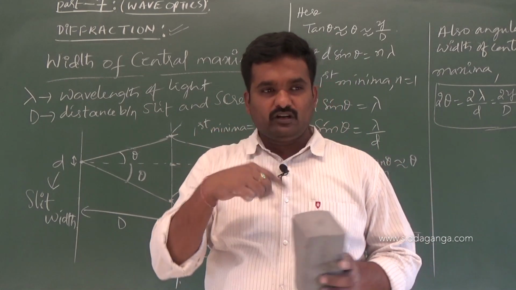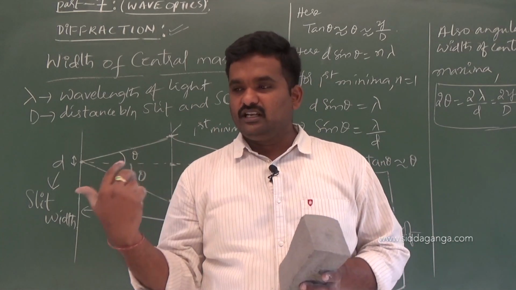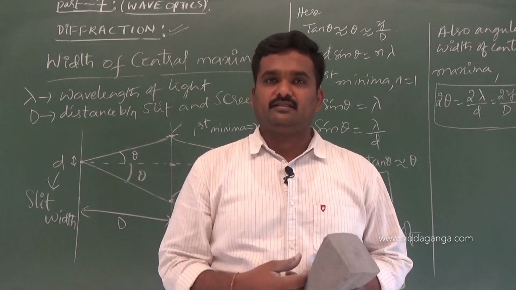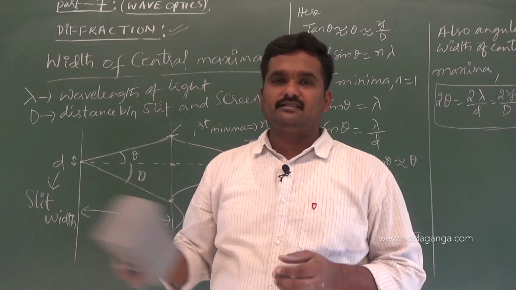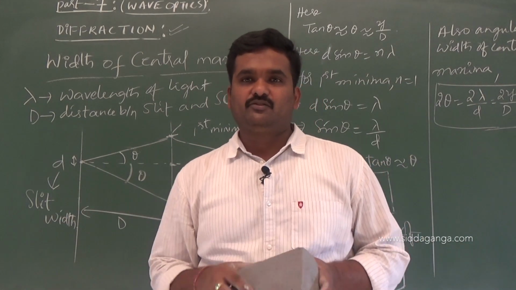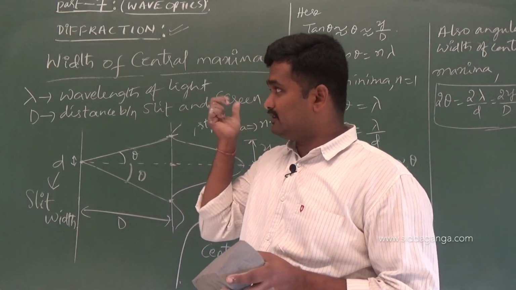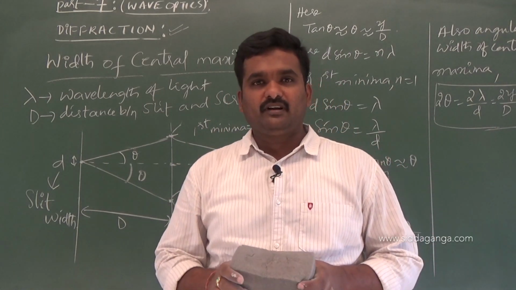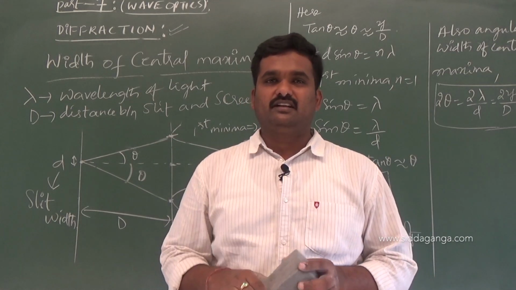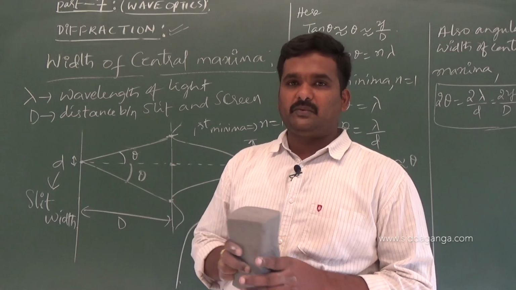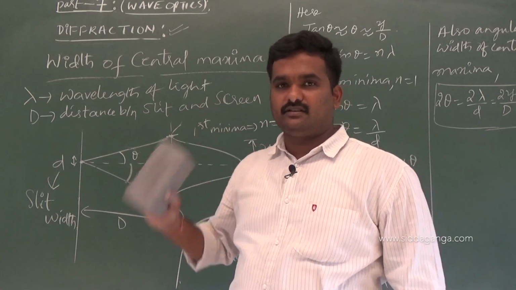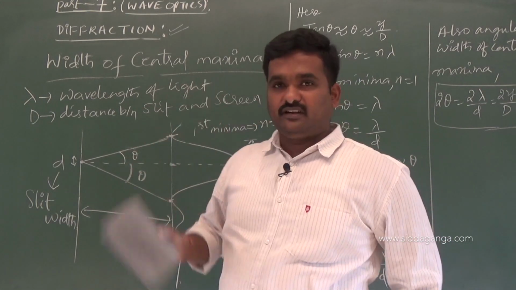After that, the only left out topic in this chapter is polarization, which we need to discuss completely. Small two relations will come there. The basic definitions I will discuss in the next session. So with this I am going to conclude this session.